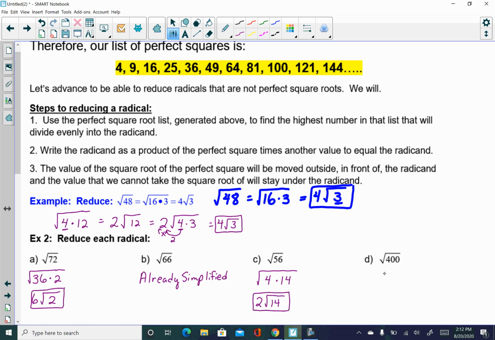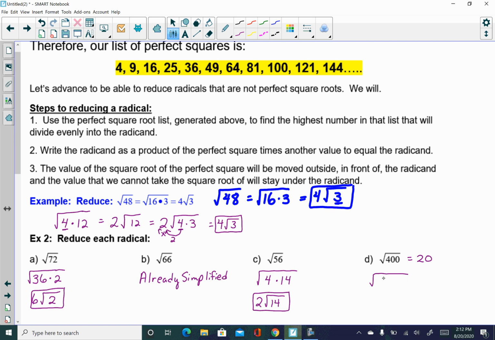All right, let's move on to letter D, the square root of 400. Some of you may recognize that 400 is actually a perfect square, and you could go ahead and say, okay, this is 20. But if you don't recognize that, you can still use the list method. You ask yourself, what's the highest number in this list that will go evenly into 400?